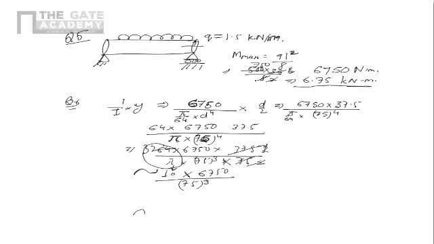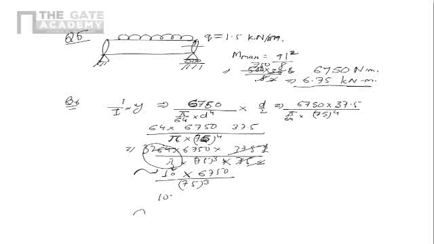Now what is the value of 75 cube? Approximately it's slightly more than 3500, because 7 to the third power is 343. So 7.5 to the third power will be slightly more than 3500 or so.